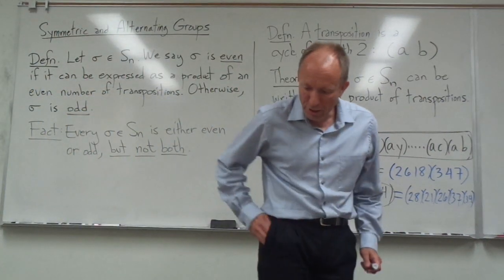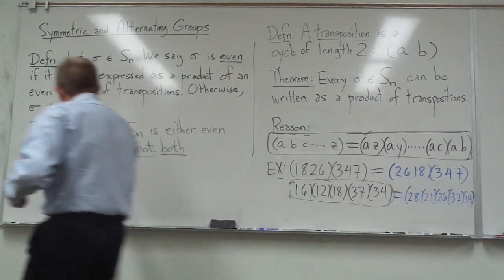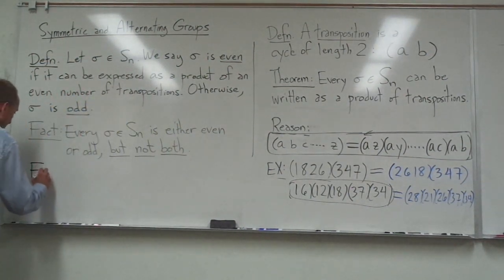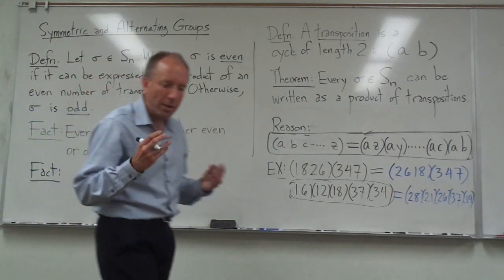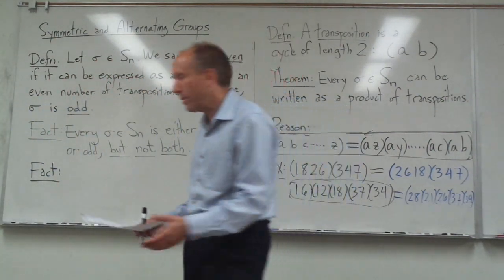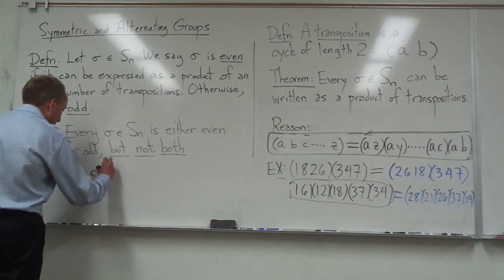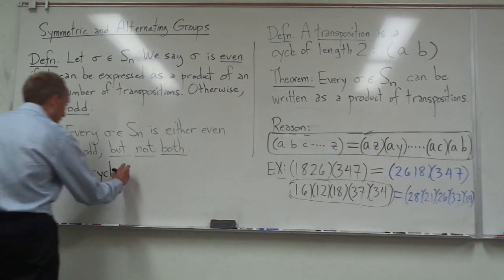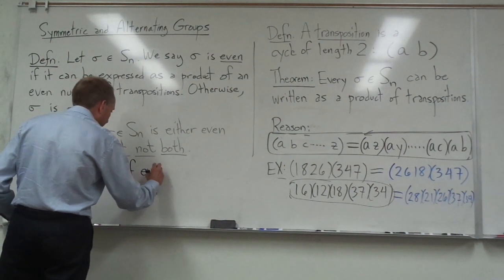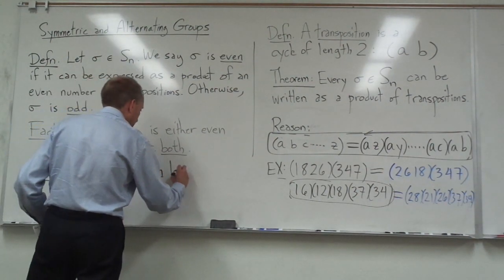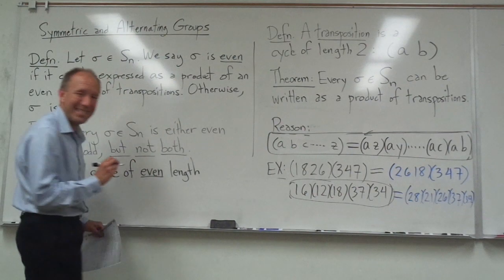Okay. So there's another fact. The second fact here is a little bit less cryptic. It's going to be a little bit more obvious, but it is a little bit weird at the same time. If we take a single cycle of even length, and I'll illustrate this in just a second, okay?